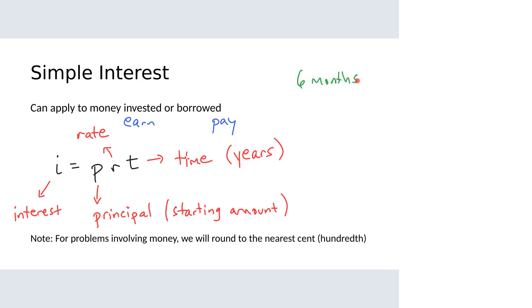6 months? If money was invested for 6 months, what am I going to use for T? How much of a year is that? What would I use for T if it's invested for 6 months?